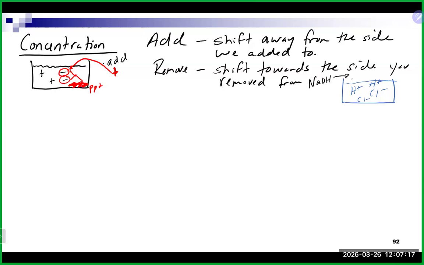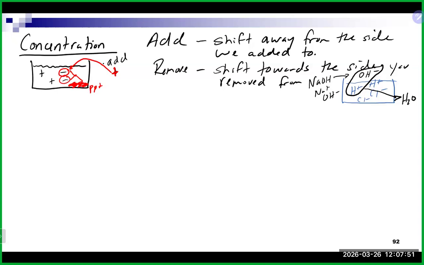Sodium hydroxide is a source of sodium and hydroxide. So when I drop hydroxide into the solution, the OH minus and the H plus will come together and make our friend water. It probably won't jump out of the beaker like I drew it, but it will make some water. And water is a pure liquid, right? Which also is not included in the equilibrium. So this would be a way that you could remove some H plus ions from solution, and you would make water. Might not be able to visually see you made water, but that's essentially what will happen.